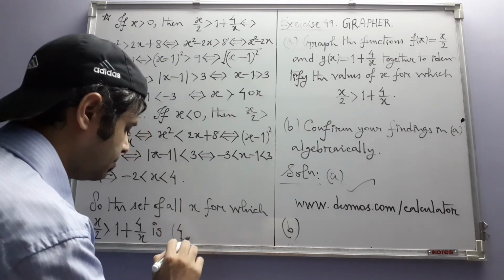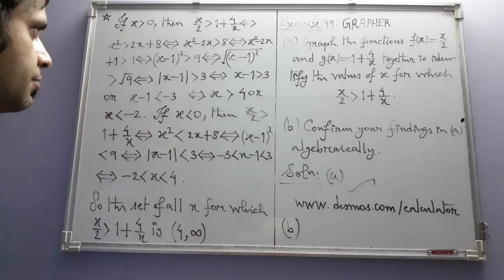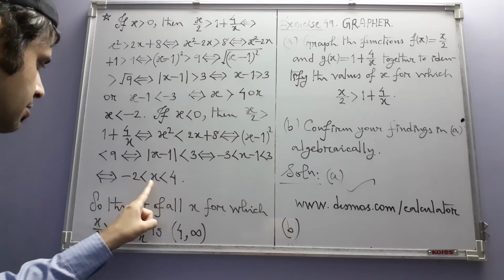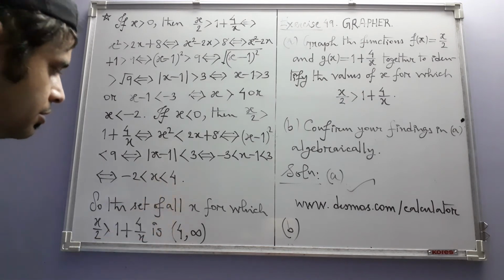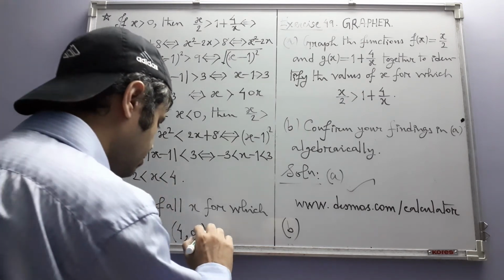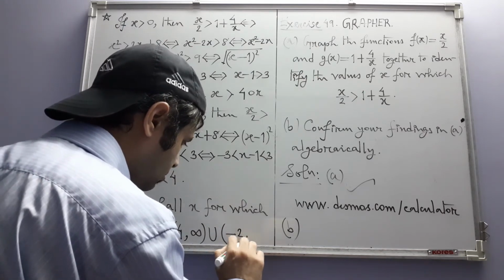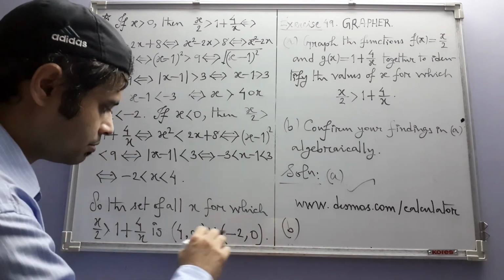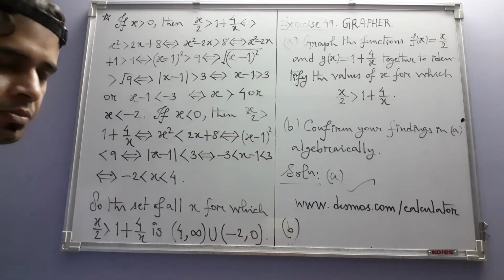So 4 comma infinity. And when x is less than 0, then x is greater than minus 2 and less than 4. Since x is already less than 0, that means the other interval will be this. So only when you take x from this set will this inequality be true.